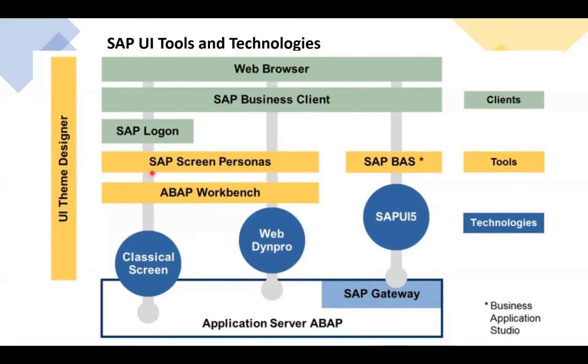So these Screen Personas reduce the development time. For example, if the customer wants to use a classic screen, one of the existing transaction codes, but is not happy with the field arrangement or the number of blocks displayed, SAP Screen Personas will help hide the unnecessary tabs, fields and information.